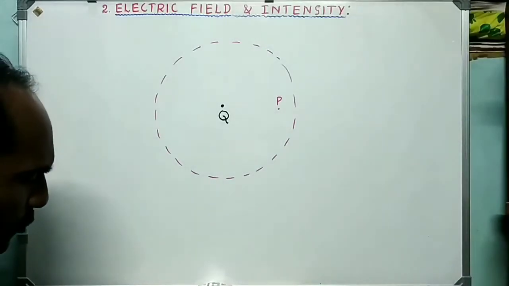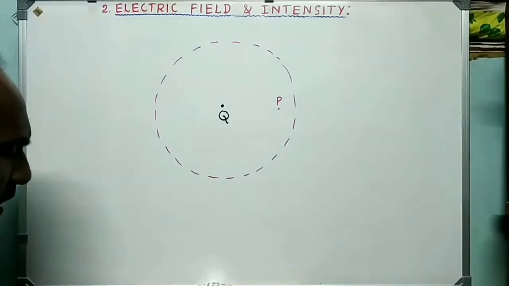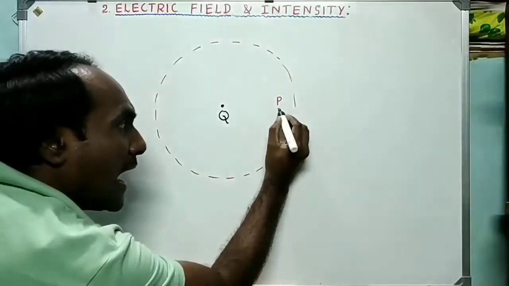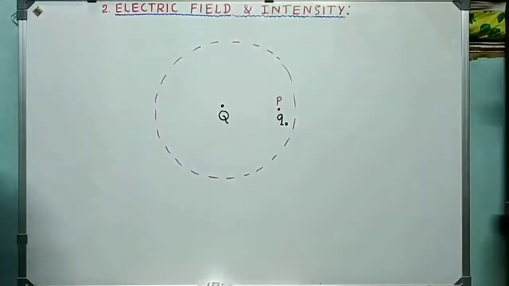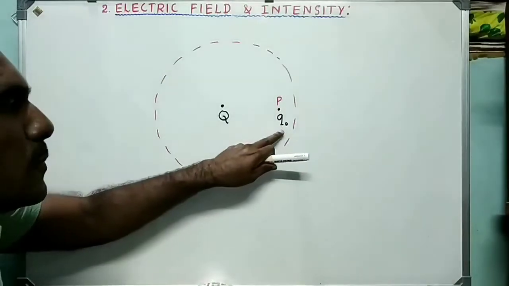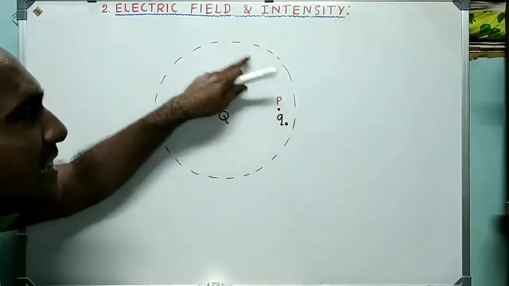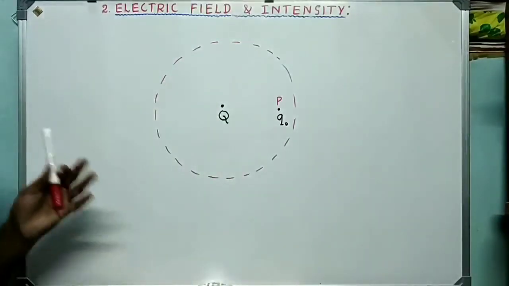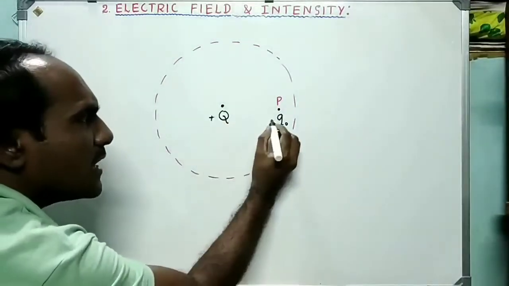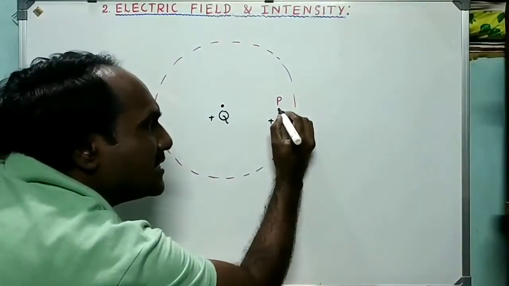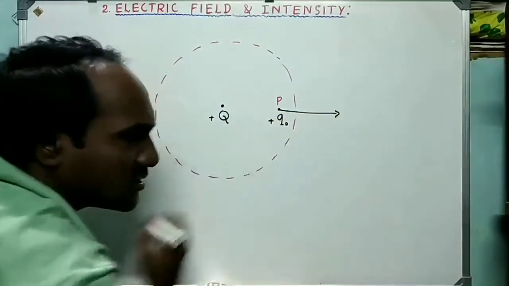Now what am I going to do here? Here I will place a test charge Q0 at point P. What have I done? Here I have placed the test charge Q0 at point P, which is lying in the electric field of the source charge. Then what happens? It is also plus. Then this source charge repels this test charge in this direction.